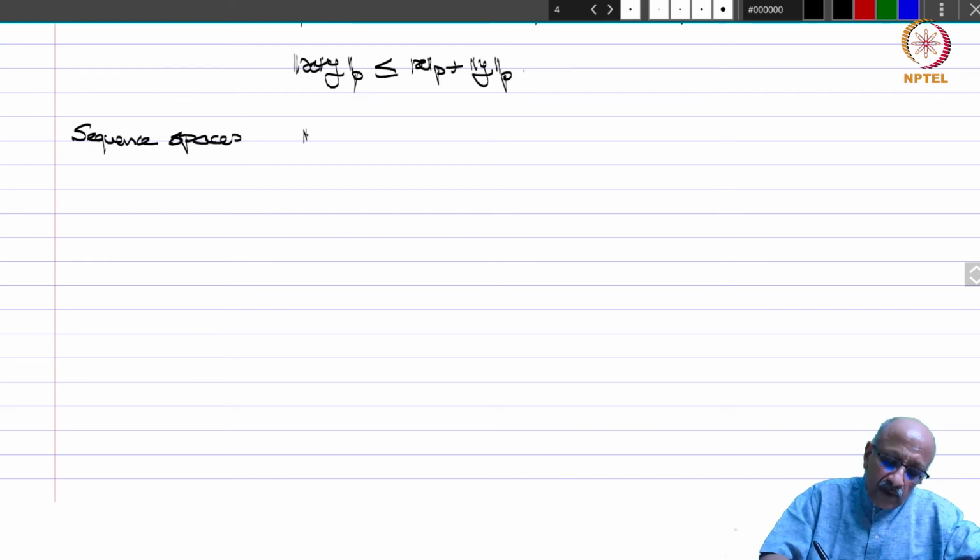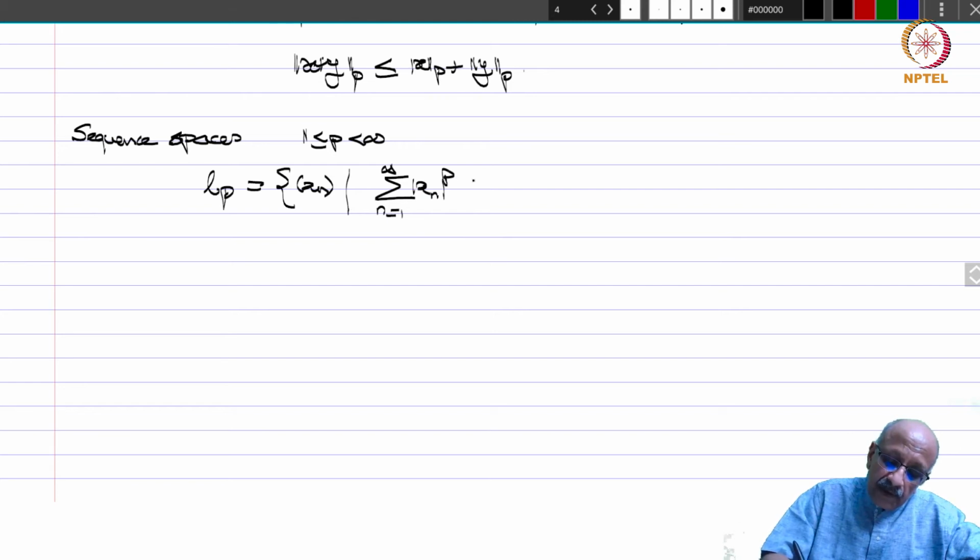So again we look at 1 ≤ p < ∞, and we define ℓ^p to be the set of all sequences x_n such that the sum from n equals 1 to infinity of |x_n|^p is finite.